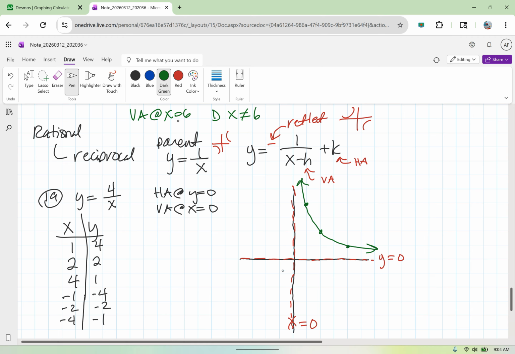And then at the bottom, -1, -4, -2, -2, -4, -1. Beautiful.